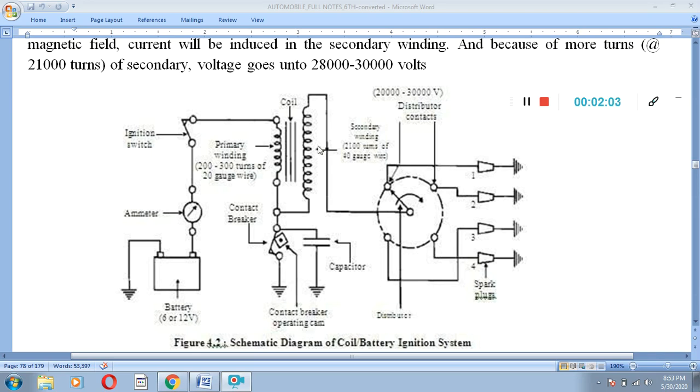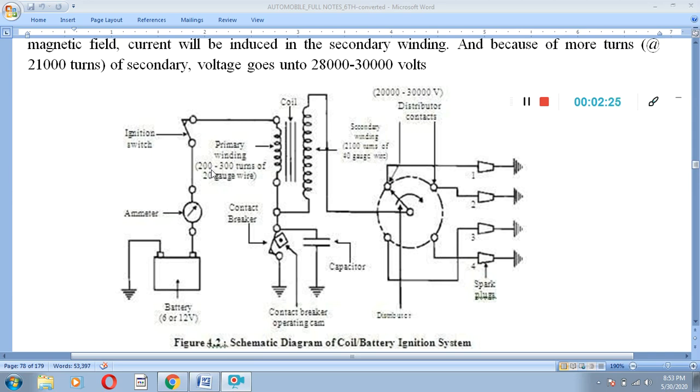Secondary winding has about 21,000 turns of 10 gauge wire.